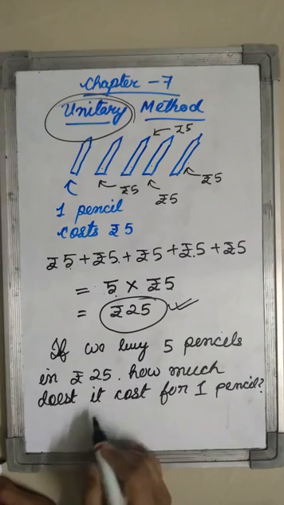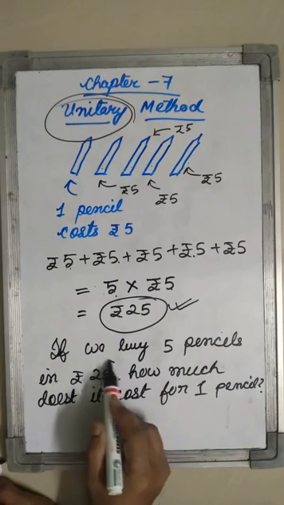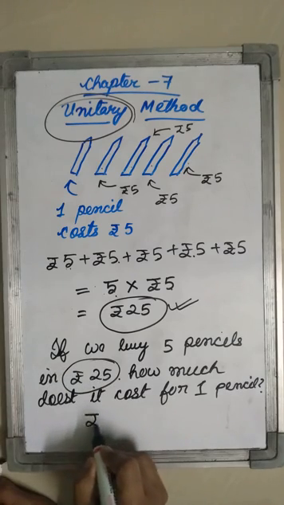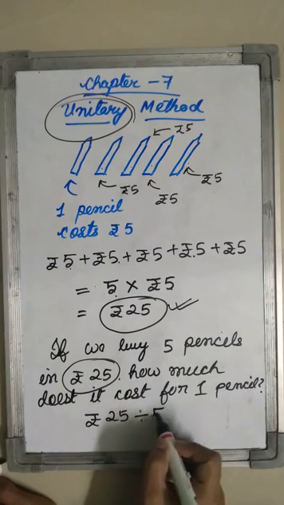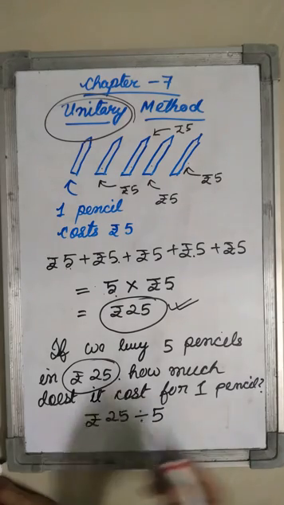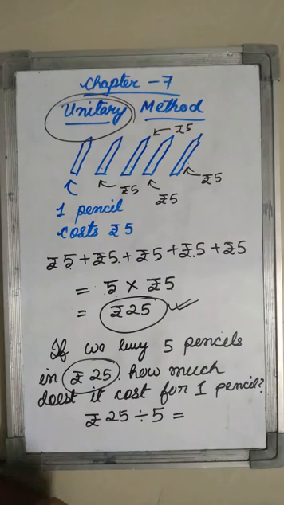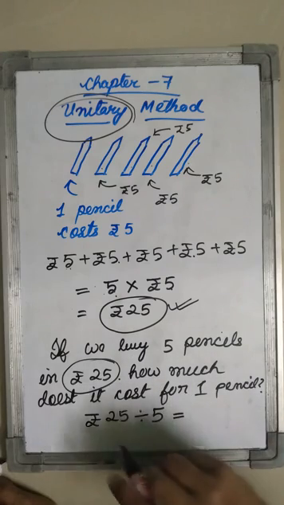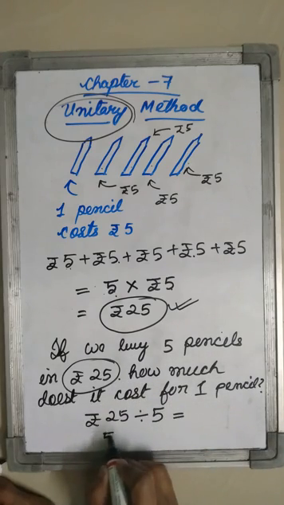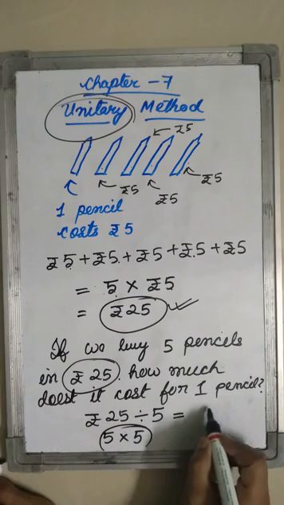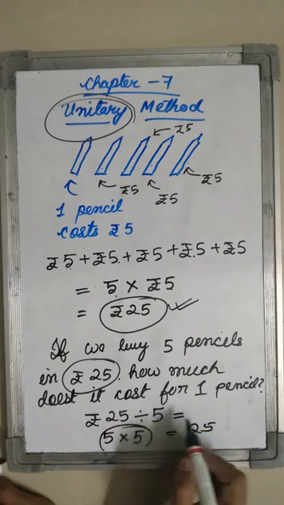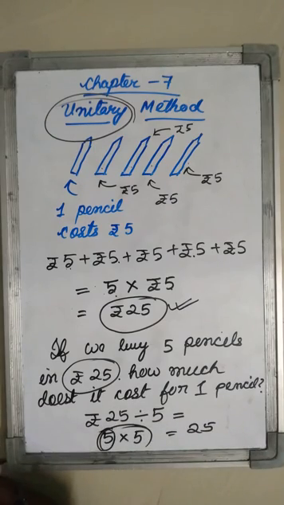What we have to do? The price of 5 pencils, if we divide by the number of pencils, that is 5, we get the cost of one pencil. So we know that 25 is 5 into 5. So 5 pencils are there, so the cost of one pencil is rupees 5.